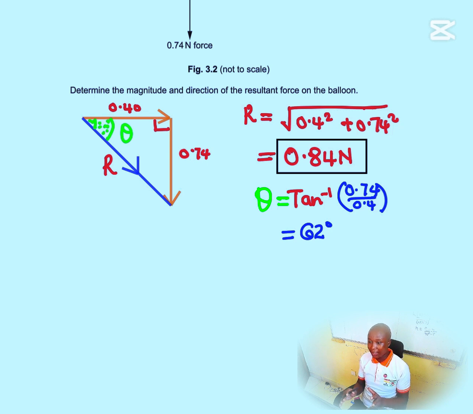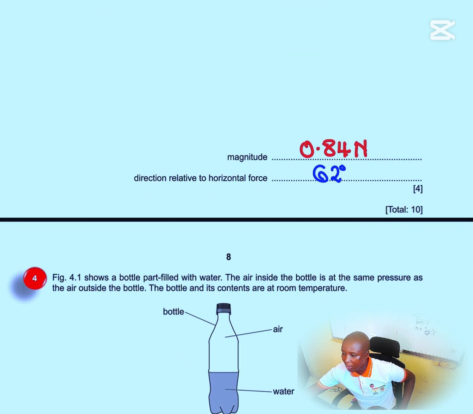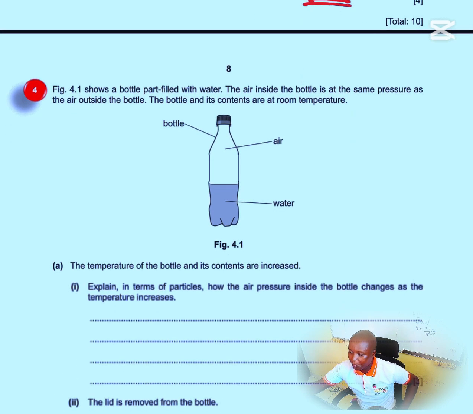So we need to find the direction relative to the horizontal. We work out the angle, which is tan inverse of 0.74 over 0.4. That translates to 0.84 newtons as the magnitude, and the angle becomes 62 degrees.